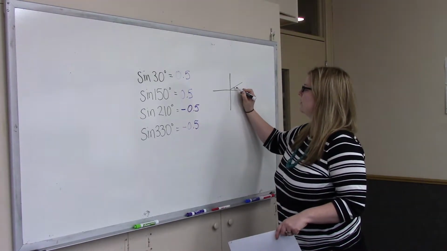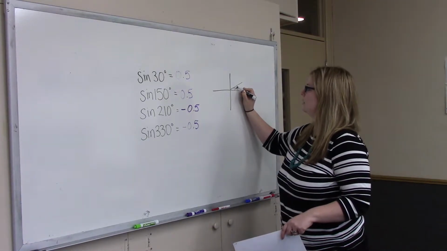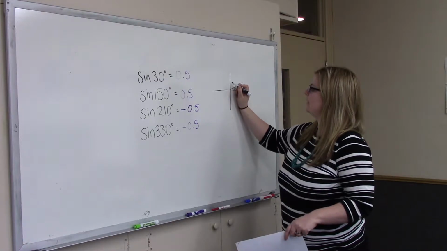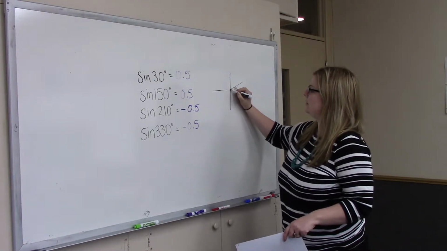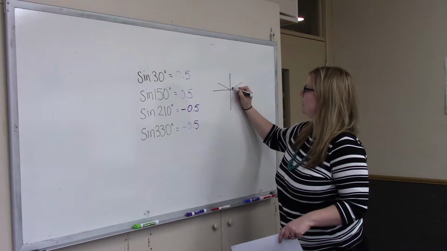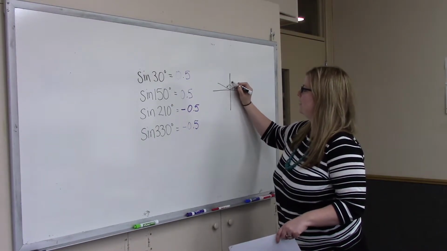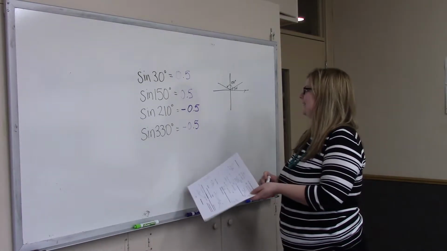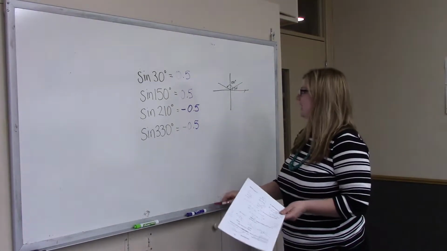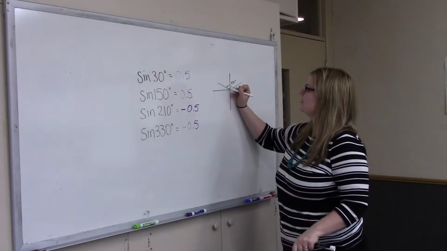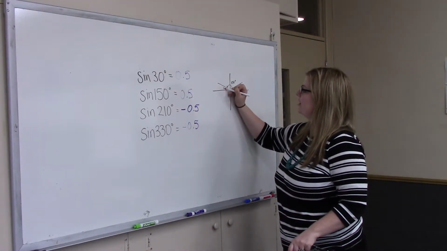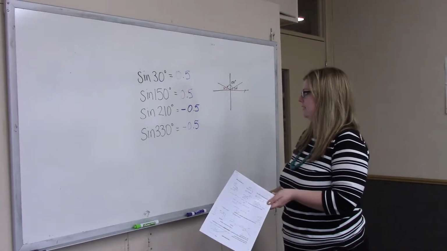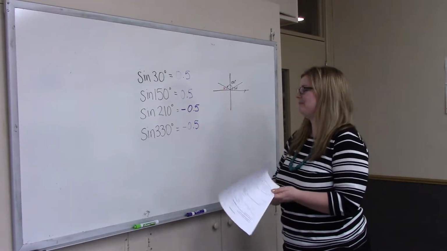From here to here is 30 degrees. 150 degrees is bigger than 90 but smaller than 180, so it would be here. You'll notice that 150 degrees is also 30 degrees away from 180. That's interesting. Maybe that has something to do with it.